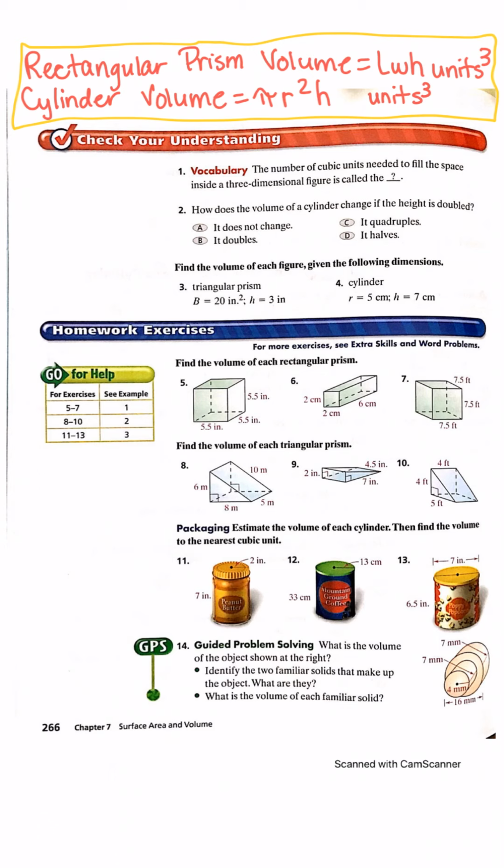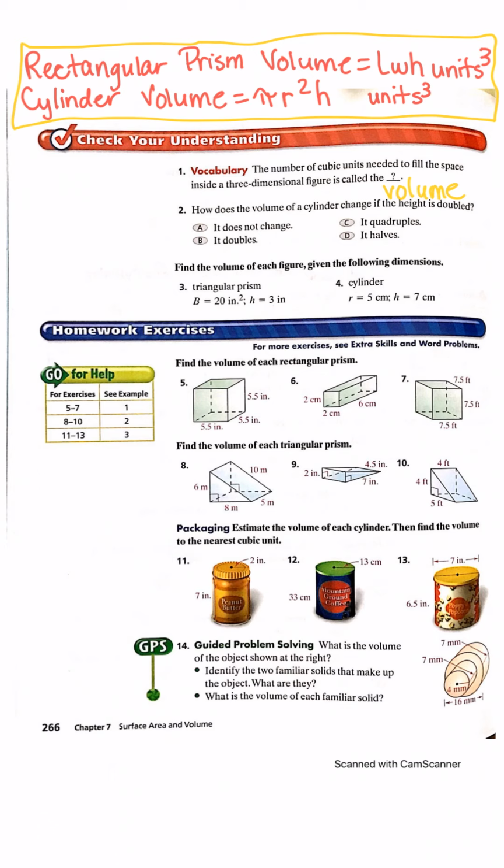So let's do the first two together. The number of cubic units needed to fill the space inside a three-dimensional figure is called the volume. How does the volume of a cylinder change if the height is doubled? So we had gone through that, so this should be an answer that comes right to your head.